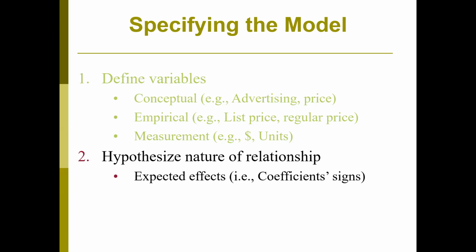If I want to study the relationship between oil revenue and the economy, the GDP, then the regression parameter associated with oil revenue, even before going into research, should be positive. That's an expected effect, the expected sign. Before I go into research, we have what we call the expected signs of the regression parameters.